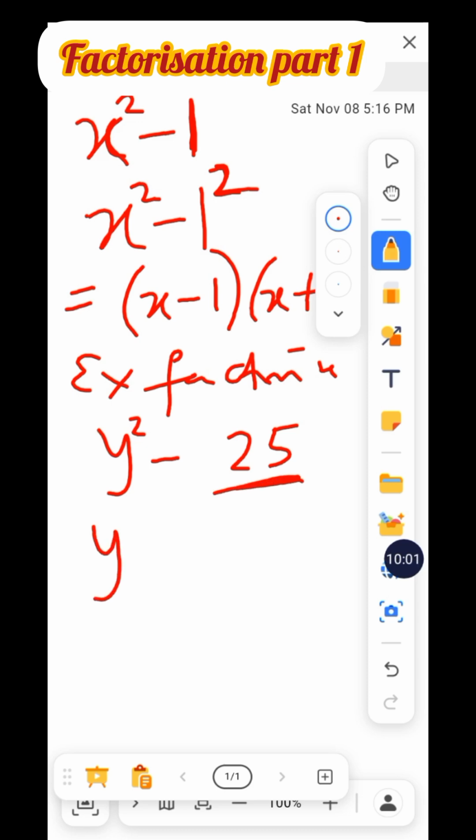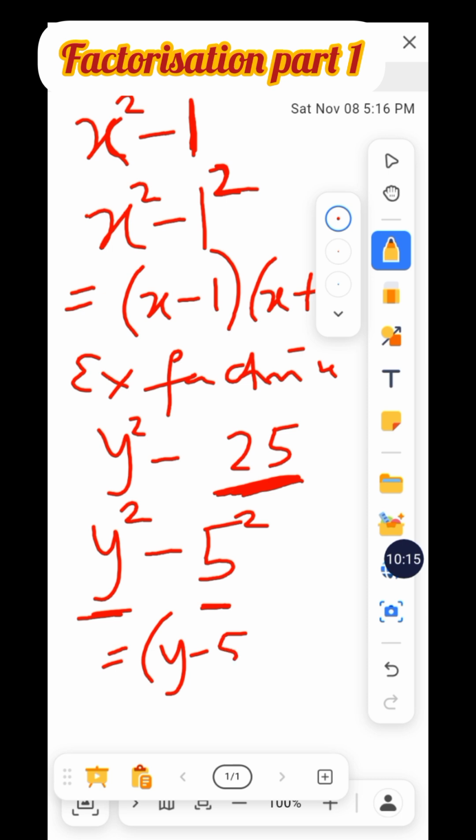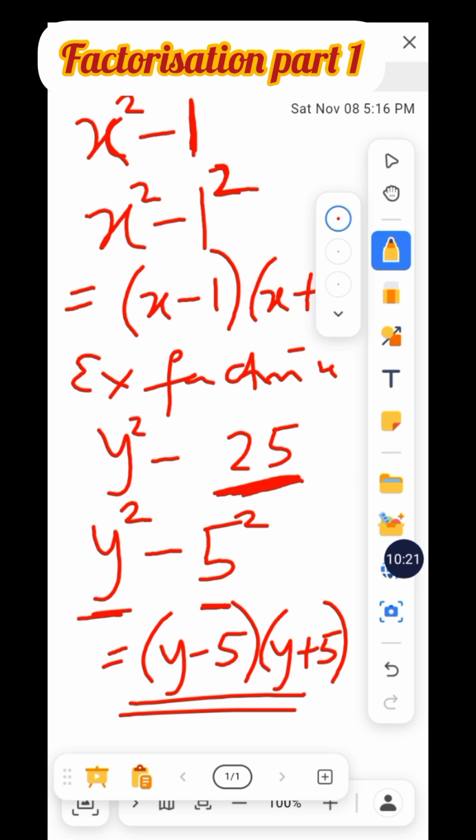So what can we do to make it have a square? 25 is a perfect square, it can otherwise be written as 5 squared. So now that we have been able to write both as squares, we now have it as y minus 5 into brackets y plus 5, and we have just been successful at doing that.